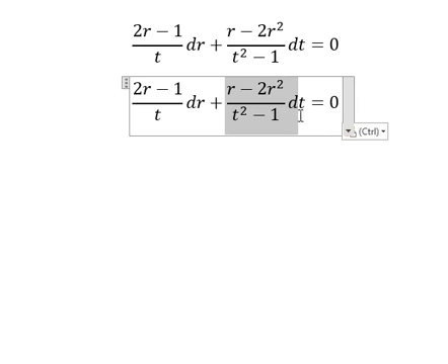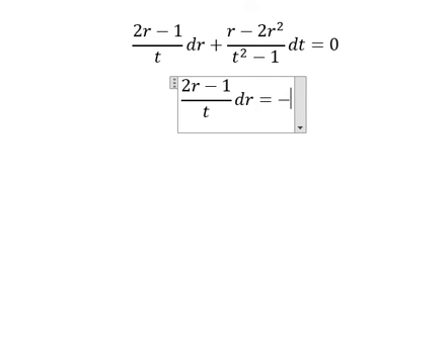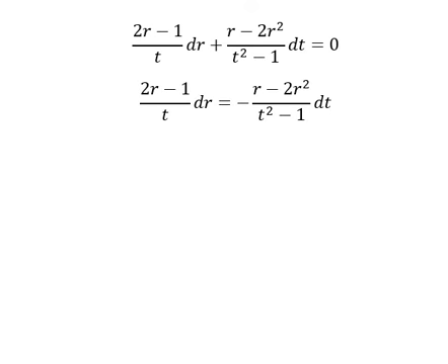So we put this one, go to the right. T we put on the right, r minus 2r squared we put on the left.